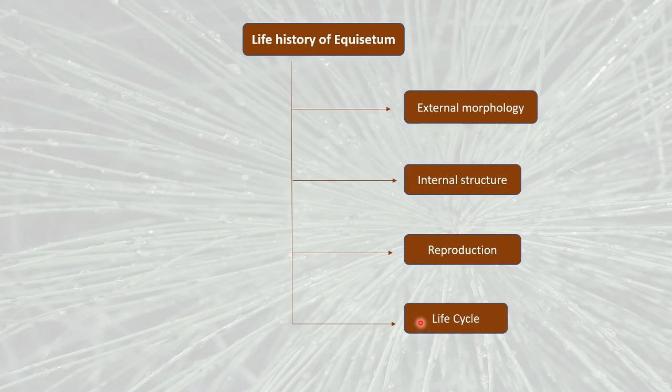So today in this lecture we are going to cover the external morphology and internal structure of Equisetum. The rest, that is reproduction and life cycle, we will take in the next lecture. So right now we start with the understanding of its external morphology.